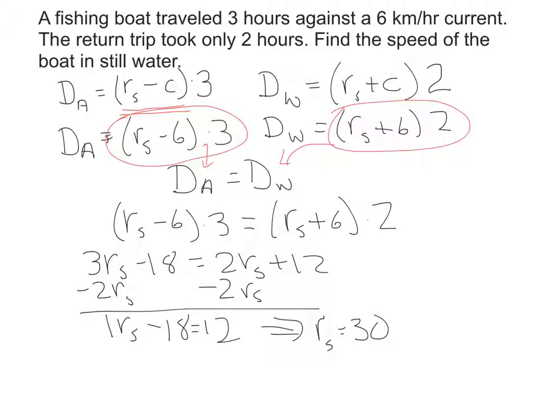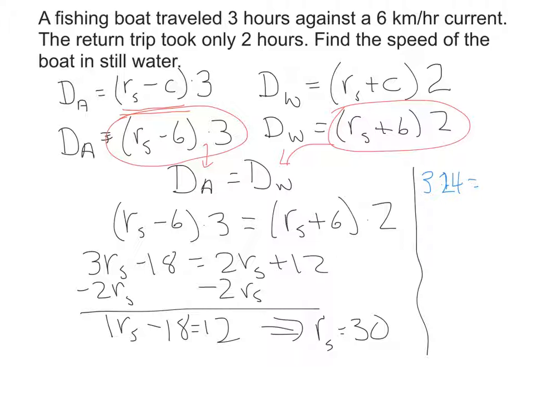Now, you can double check that this works by simply saying 30 kilometers an hour minus 6 kilometers an hour is 24 kilometers an hour. So the distance against is 3 times 24, and that better equal the distance with.